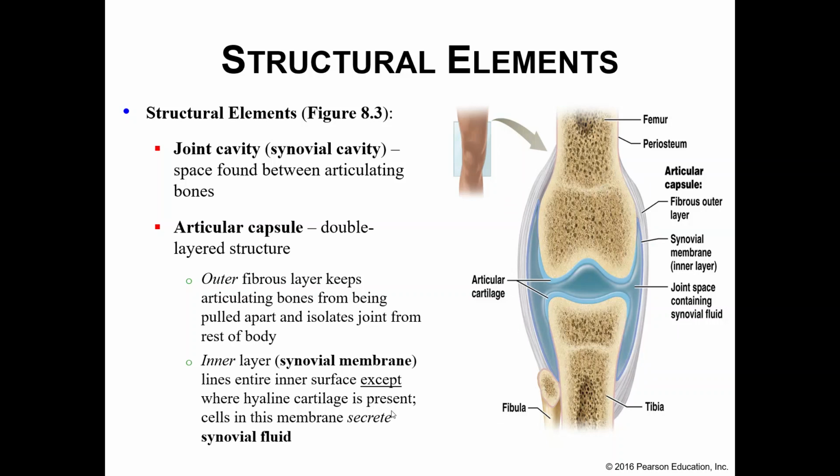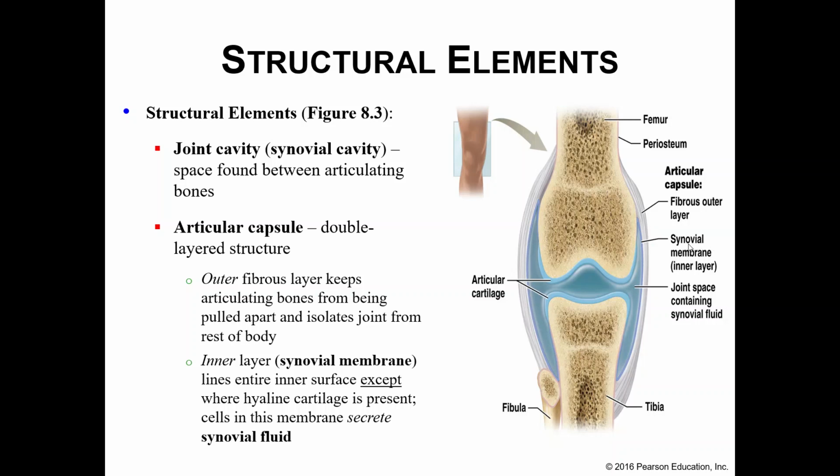The innermost layer, we call that the synovial membrane. That's where your synoviocytes are. That's where you're going to crank out that synovial fluid. You find that synovial membrane, which is a little hard to see, but it's almost like a light purple-ish shade. We have that everywhere except where the articular cartilage is itself. So no synoviocytes here. This would be your hyaline cartilage sites, your chondrocytes, but everywhere else along that inner cavity, you do have that synovial membrane.